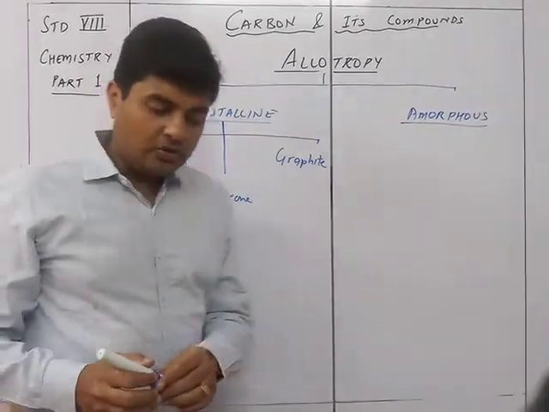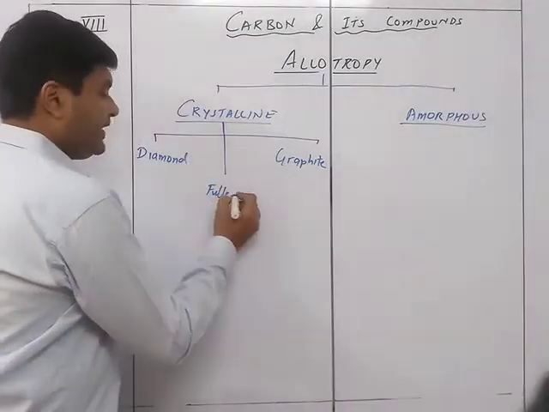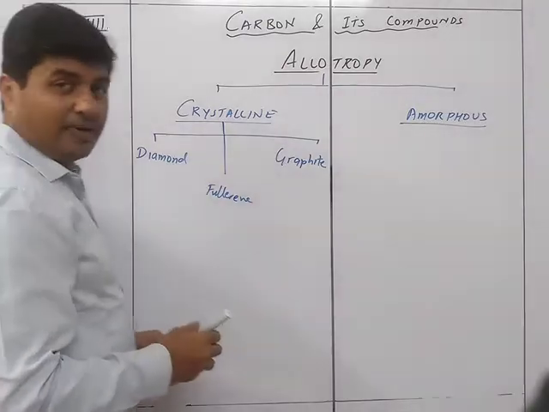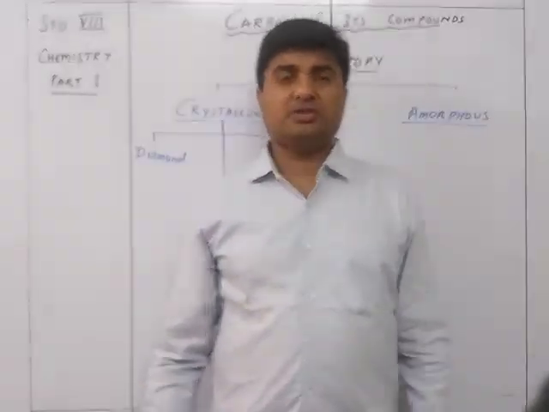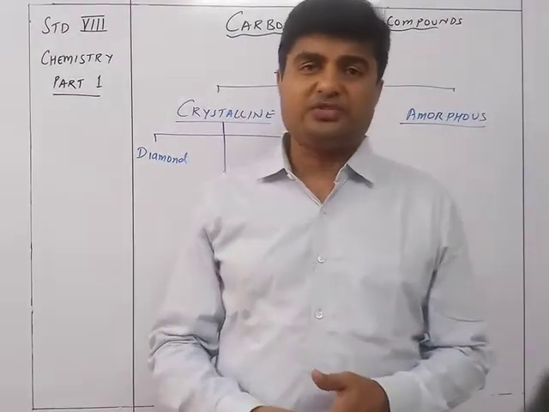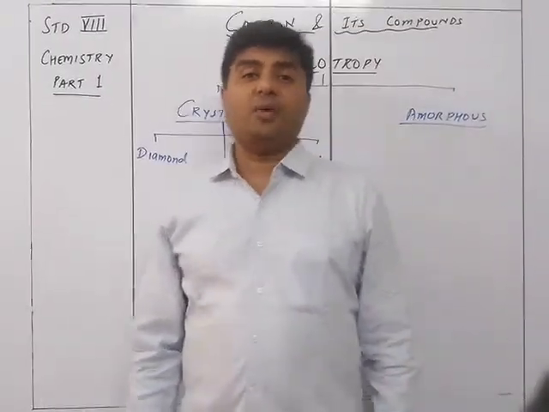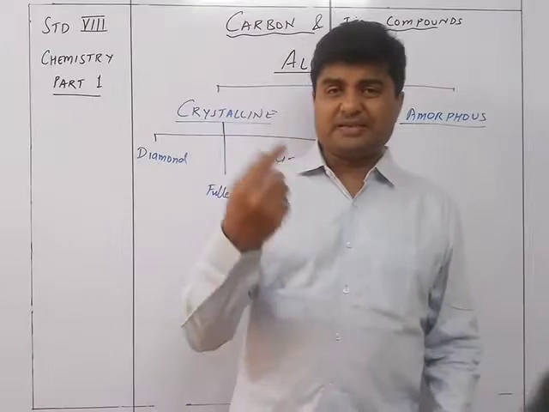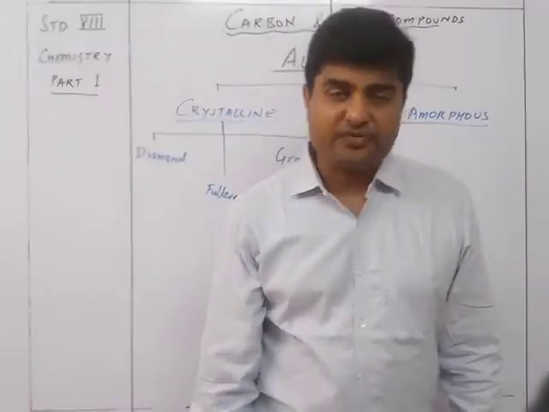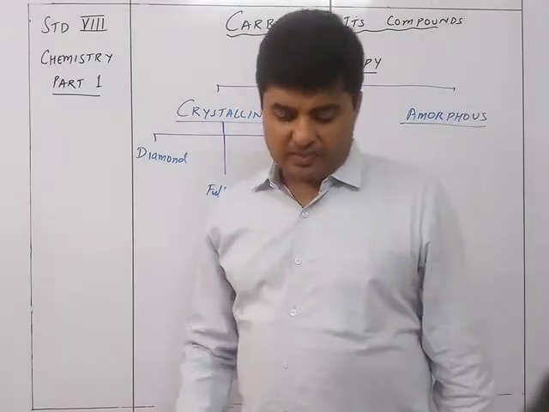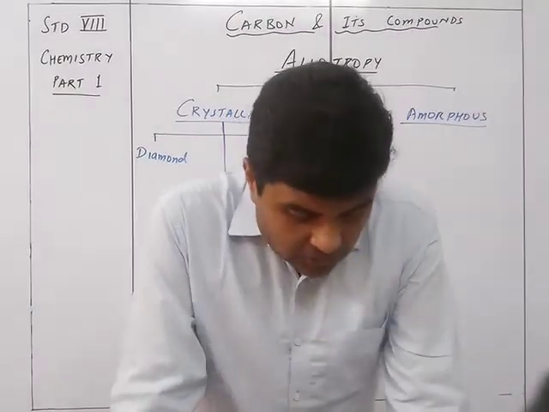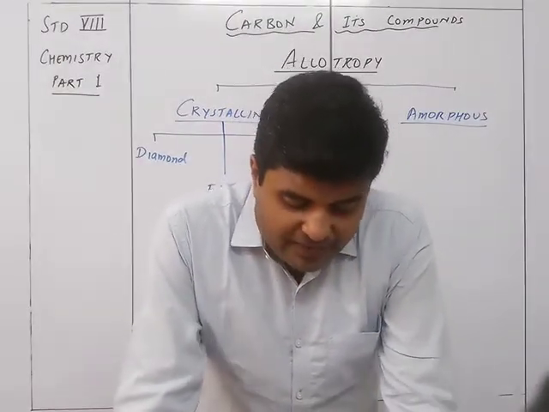Diamond and graphite you must have heard quite commonly, because diamond is of course used in the jewelry industry, and graphite is what you use for pencils. The pencil lead is made up of graphite. Fullerene you may not be aware of, but that is a kind of carbon compound. So diamond, graphite and Fullerene.